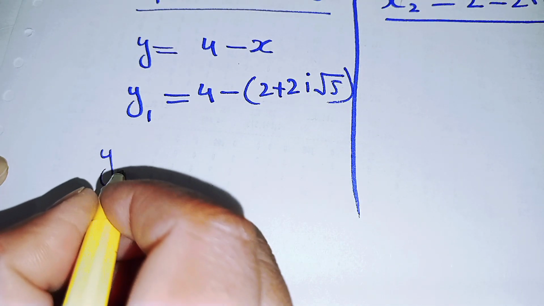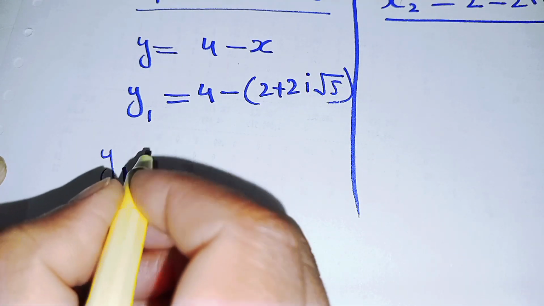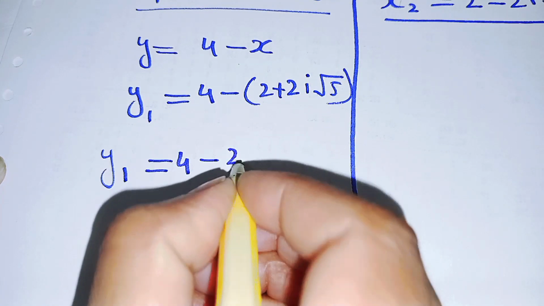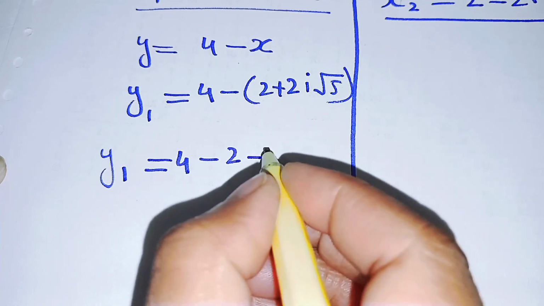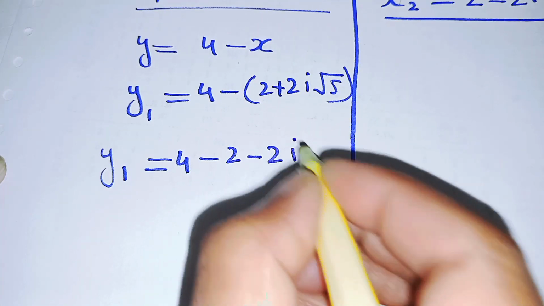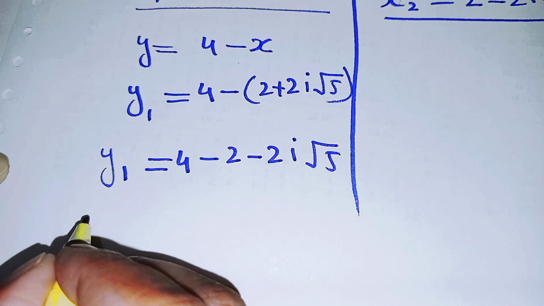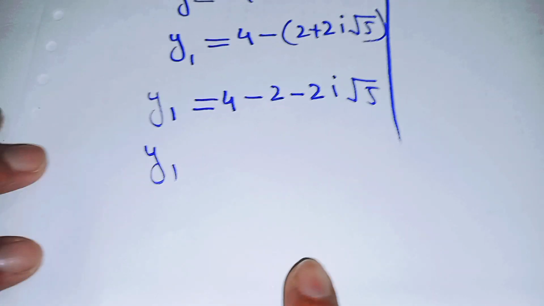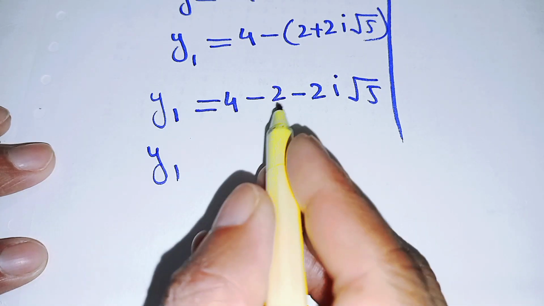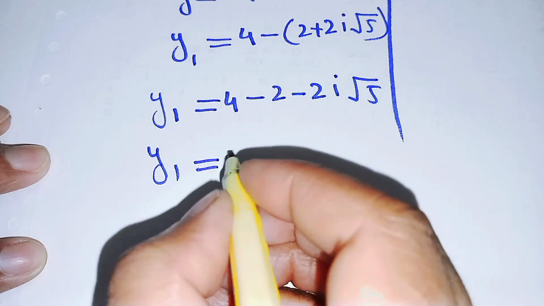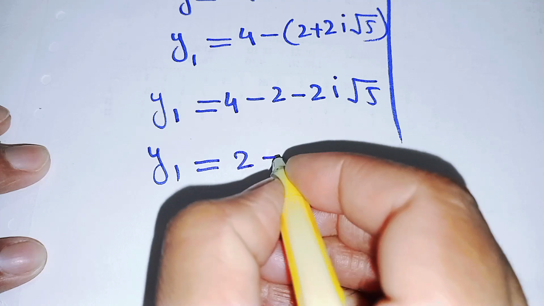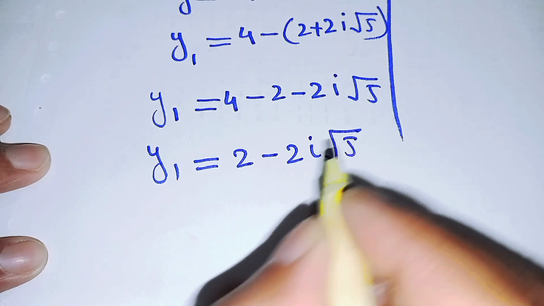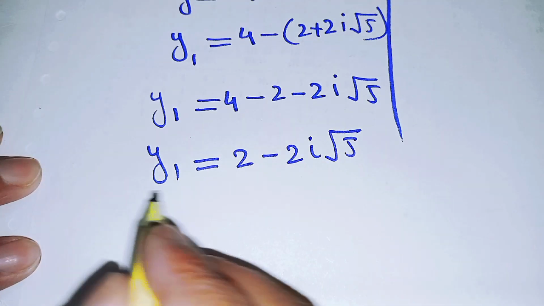So y1 is 4 minus 2, which is 2, and then minus 2i square root of 5. Here is the first value of y.